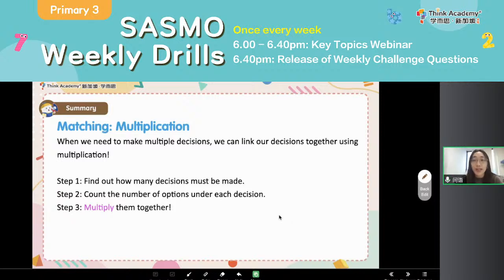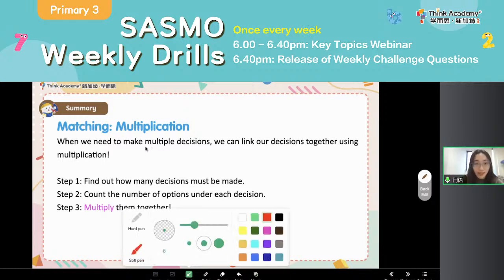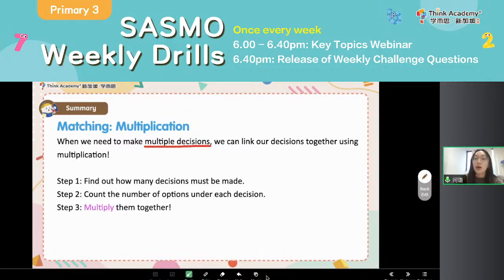So let's have a quick summary of the multiplication part. When we need to make multiple decisions, again, everyone please underline in your book. When there are multiple decisions, we can link our decisions together using multiplication. The first step is to find out how many decisions must be made.